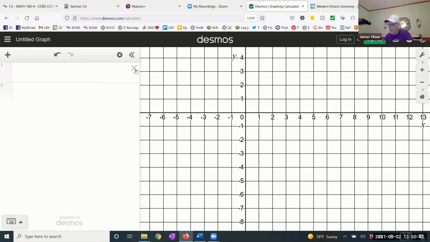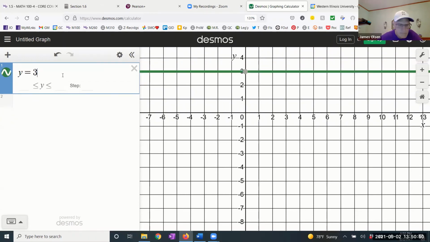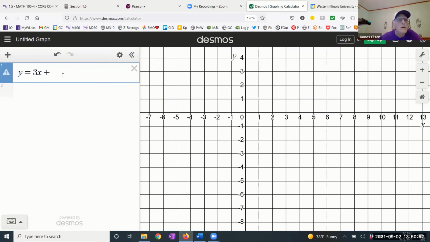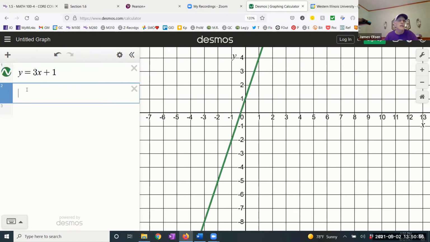So the given line is y equals 3x plus 1. So here's the given line. And the point that's given is 4, 5.